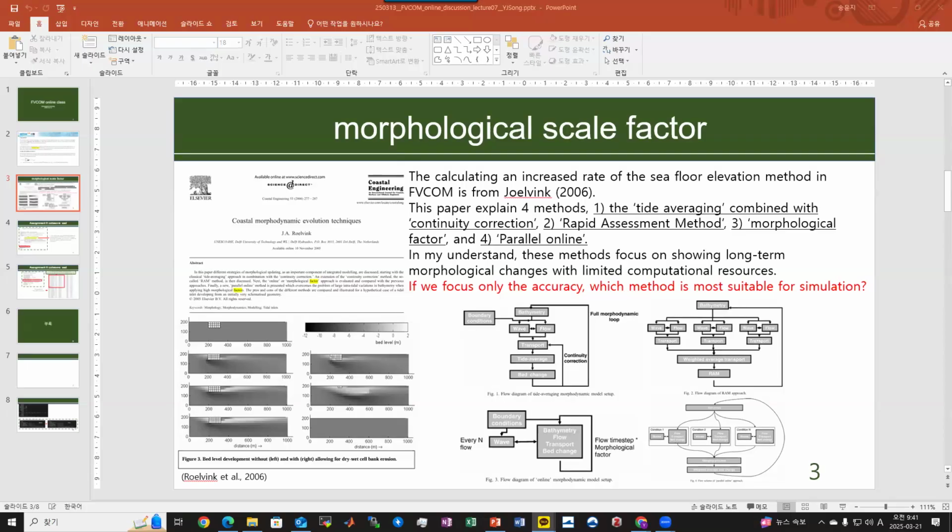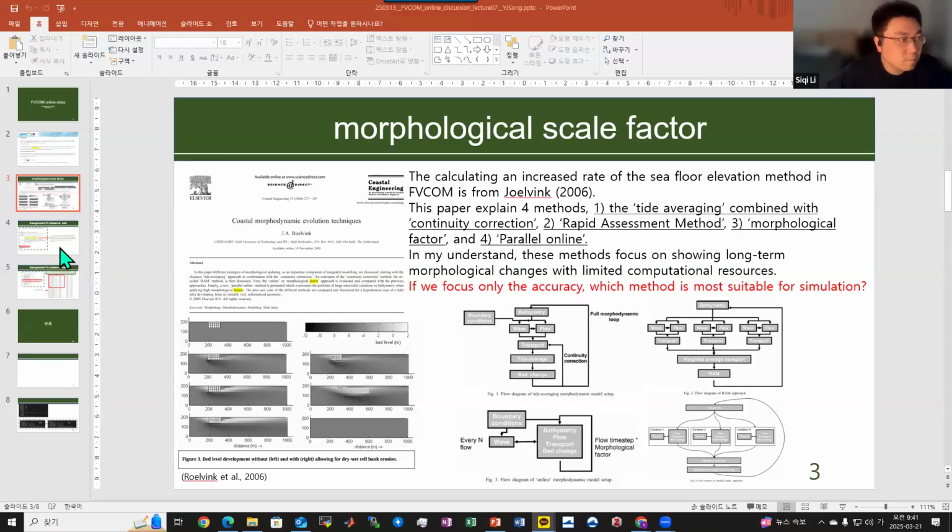The wave and FVCOM coupling was later done by Dr. Ge. So probably ask Dr. Ge to answer the question, then we can review it next week, open the code, and see. Okay. Yes.